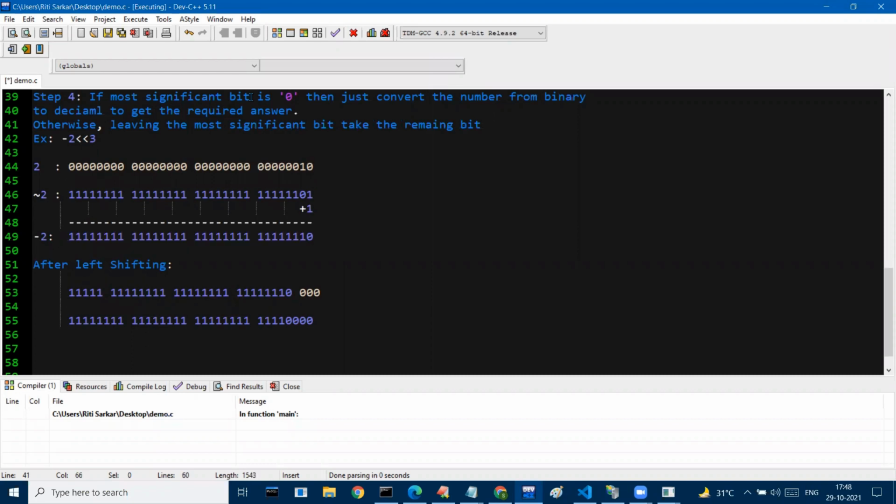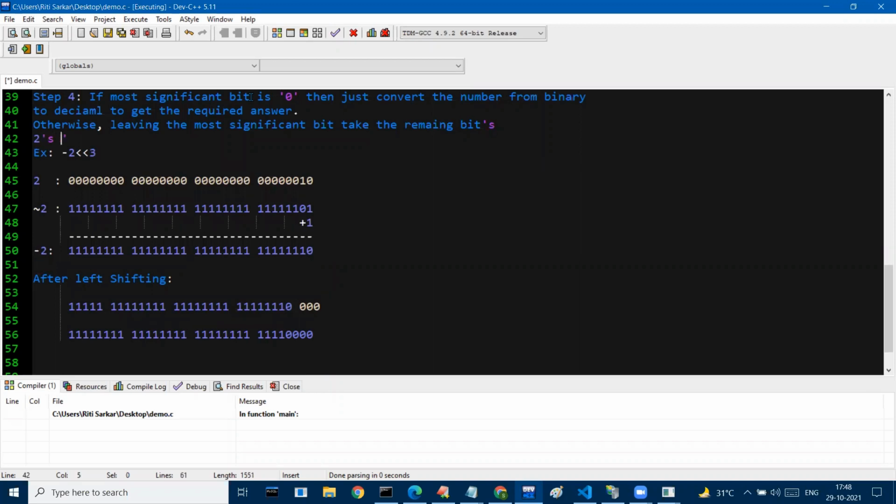Take the remaining bits' 2's complement to get the required value.